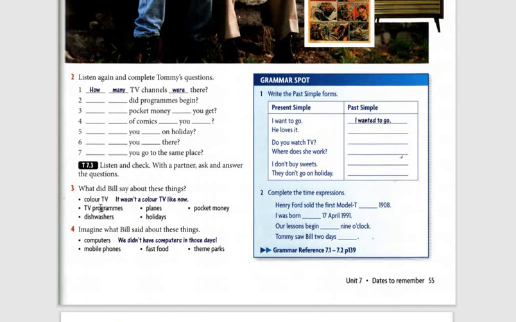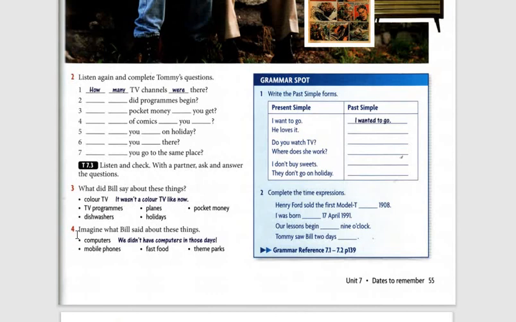What about color TV? It wasn't a color TV like now. So try to make a comparison and try to describe these things in the past simple tense.